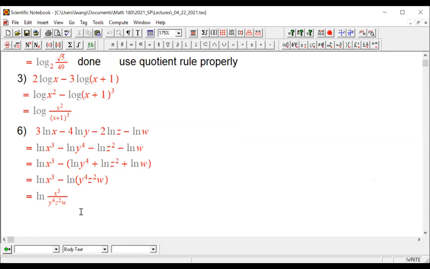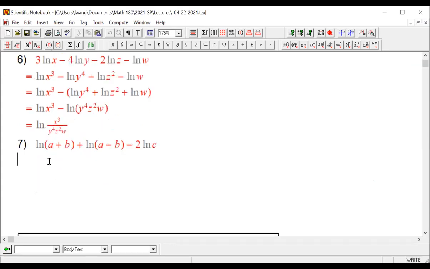And number 7. This is one of those questions I have tested my former students on many times, and of course I see all kinds of mistakes. You're going to apply the product rule, so you have (a + b)(a - b), minus ln c squared.